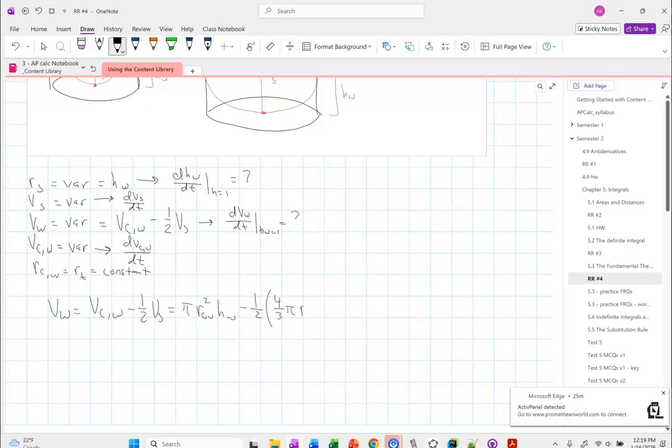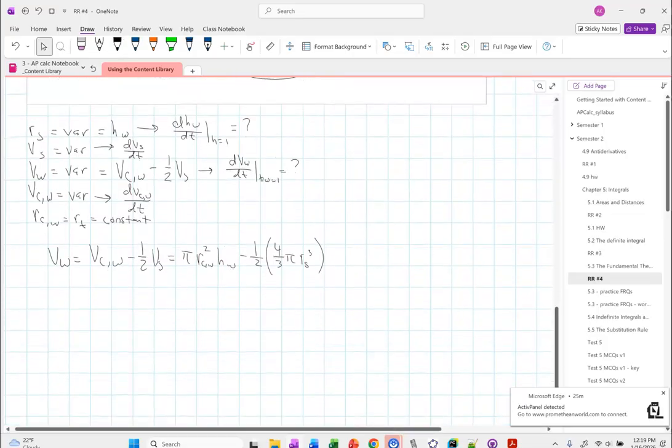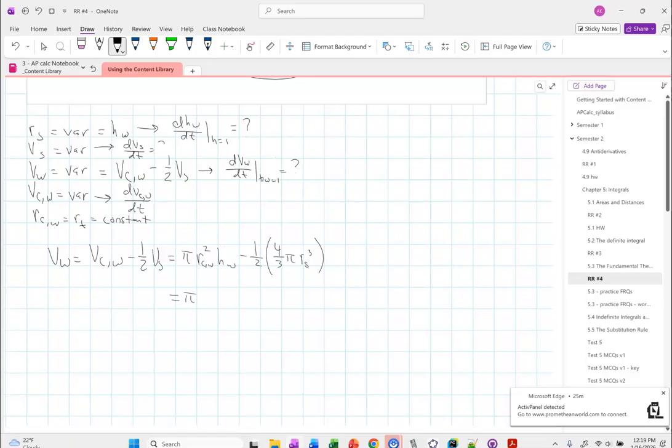The volume for a sphere is 4/3 pi r cubed. Now the radius of the sphere we know is the same as the height of the water. So even though we don't have this, it doesn't matter because we're going to substitute it out of there. Let's say 2 pi hw cubed over 3.